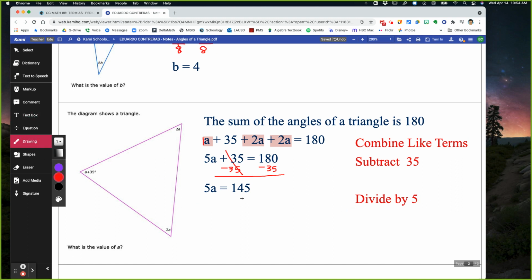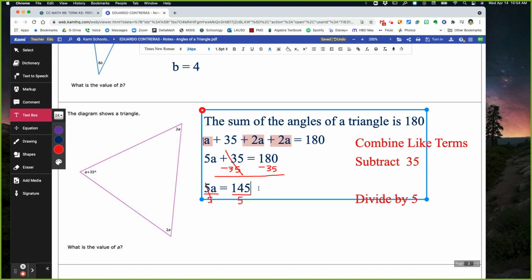Grab my drawing tool, make a fraction bar, divide out 5 on both sides to cancel that 5 I'm multiplying with. Okay. Let's see what that gives me. I'll go back to this text box where I'm doing my equation, and I get a all by itself. Finally, the answer is whatever 145 divided by 5 is.